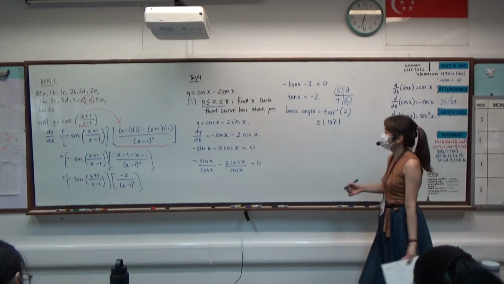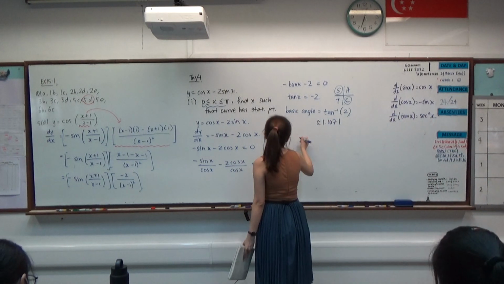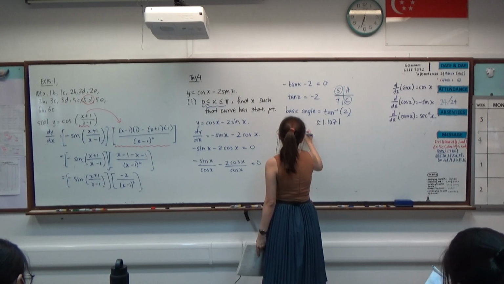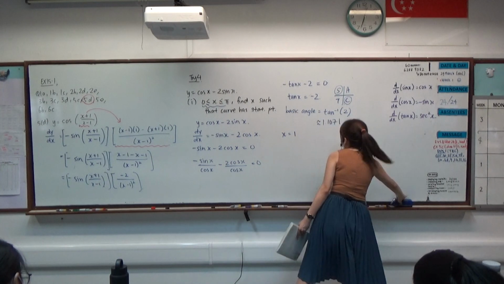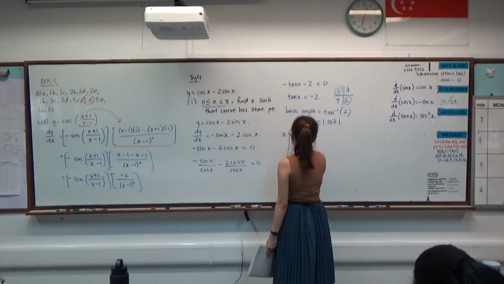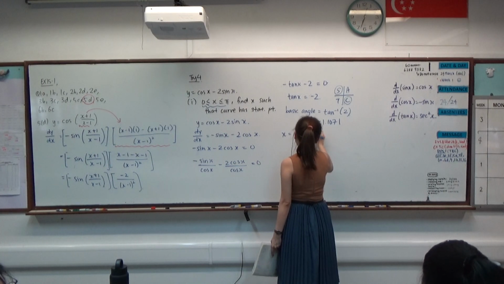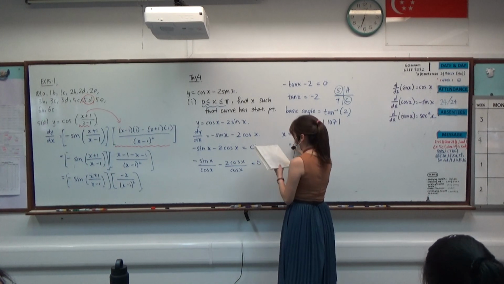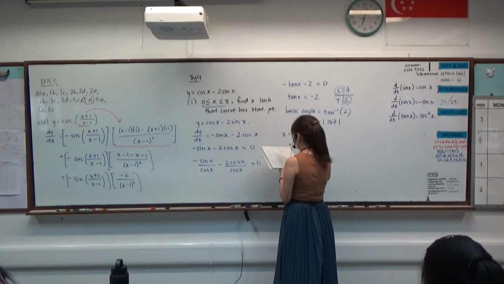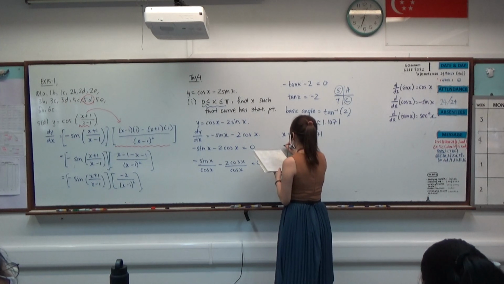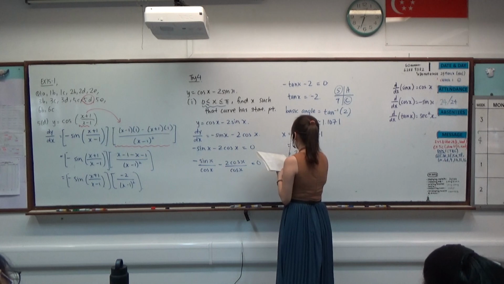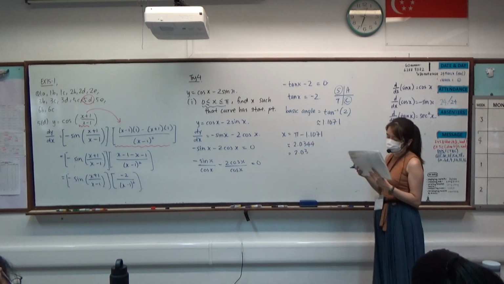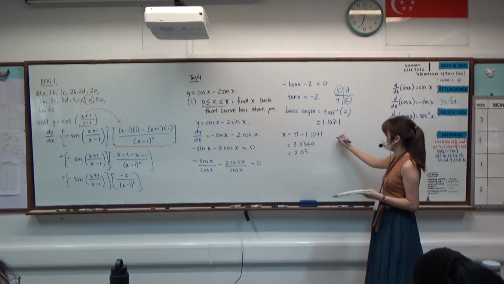And x is equal to your second quadrant angle, so that would be pi minus 1.1071. So the second quadrant angle will be 2.03.